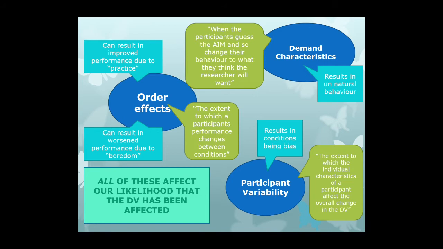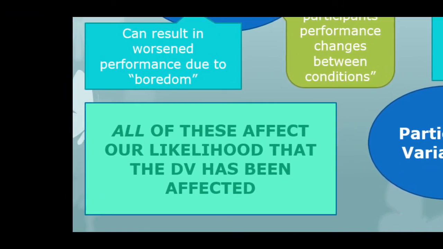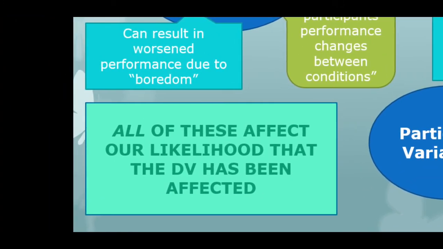And obviously the participants don't change. So if it avoids participant variability, because it's the same participants who are completing both conditions and those participants don't change, this means that the DV has changed due to the IV.